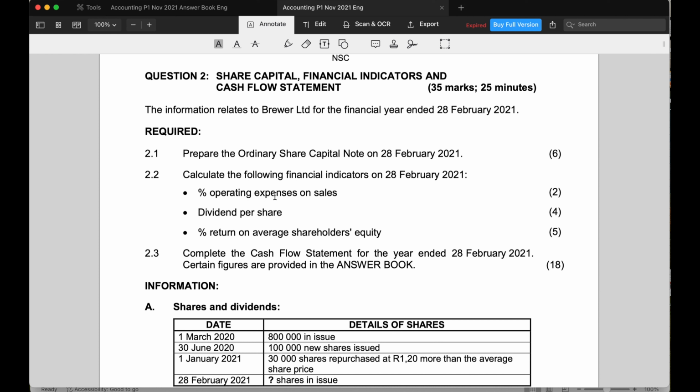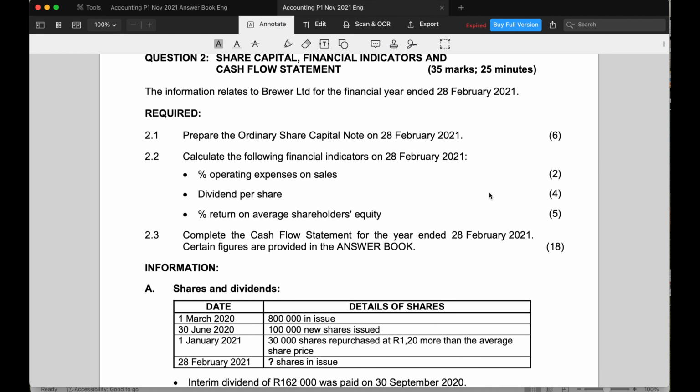Percentage operating expenses on sales, cut and paste, free marks. Dividends per share, cut and paste, free marks. Percentage return on average shareholders equity, free marks. Complete the cash flow statement. You just cut these 18 marks from the question and paste them to your answer, and you get your free marks and you pass the exam.